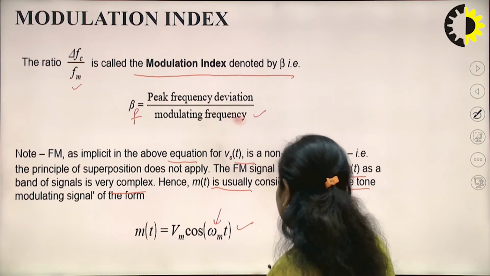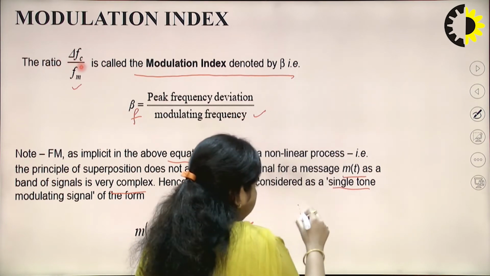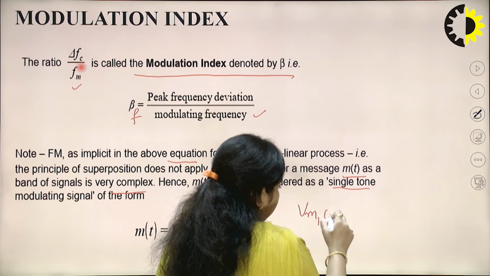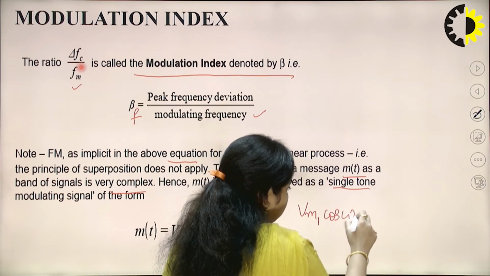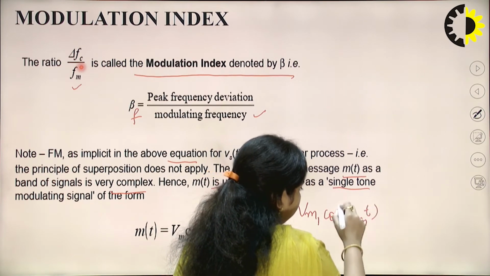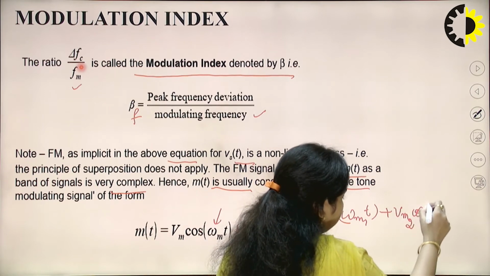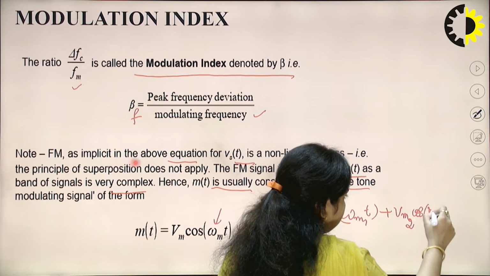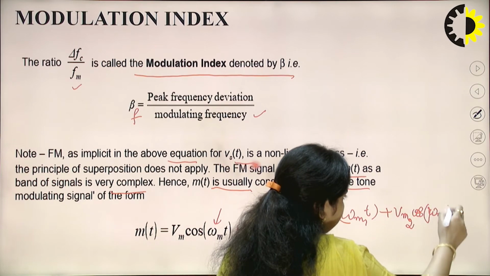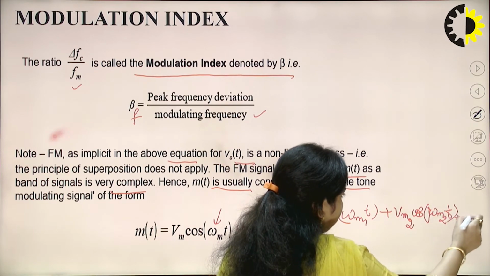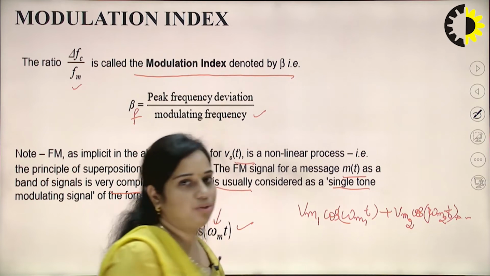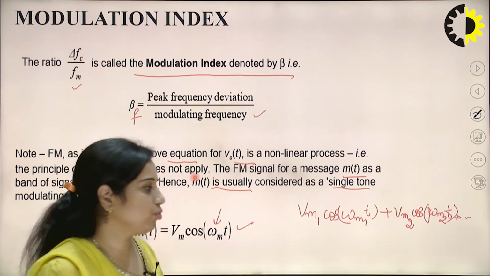Now if we consider it as multiple tone, then this will be Vm1 cos(omega_m1 t) + Vm2 cos(omega_m2 t) and so on. If there are 3 frequency components or 4 frequency components, that is totally your choice.